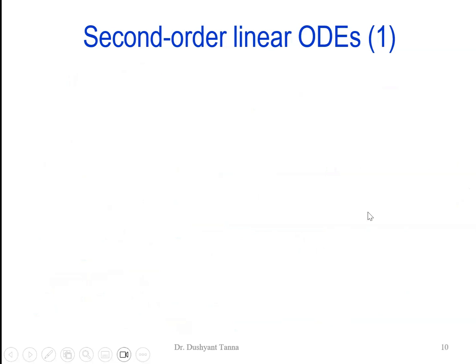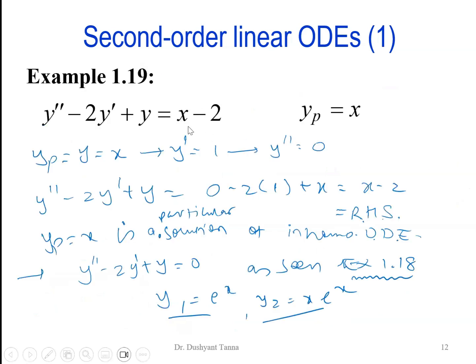In this example 1.19, it's inhomogeneous as well. So we start with YP, which is x, and we verify it is a solution. And as we've seen, for the homogeneous part, e^x and x e^x are the solution.